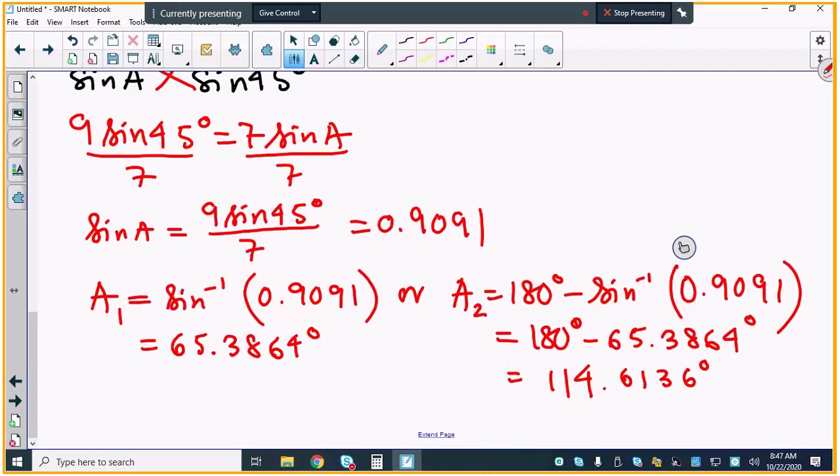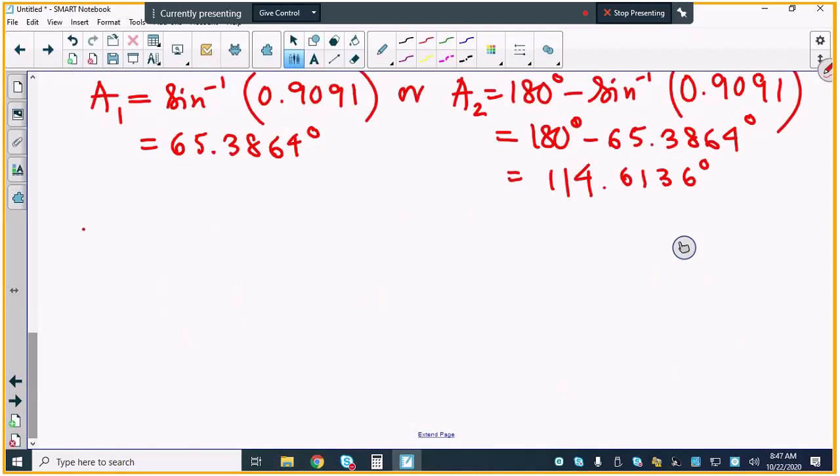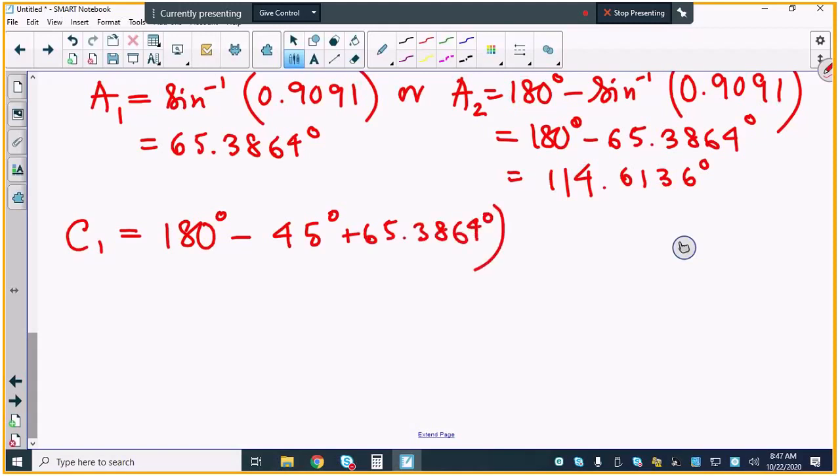Now remember what we were doing last time, we were calling one of these A1 and the other A2. And now we're going to find the third angle and check whether both of them or only one of them are the solution. So I still need to find C, but because I have two choices for A, I will do two choices for C. So C1 is going to be 180 degrees, the total sum of the three angles in a triangle, minus the given angle, which was 45 degrees in this problem, and then plus 65.3864 degrees. So let's simplify this first.